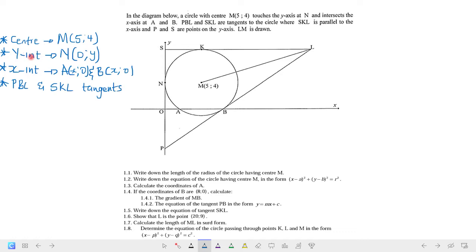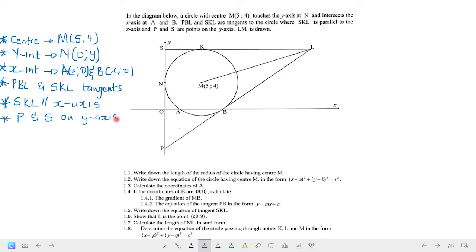And also we're told that SKL is parallel to the x-axis. SKL parallel to the x-axis. And then finally, P and S on the y-axis.